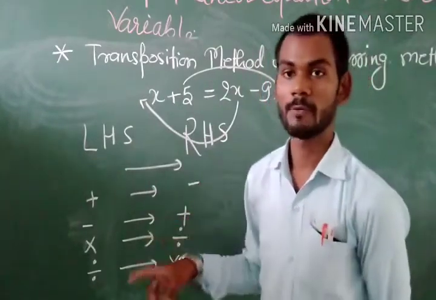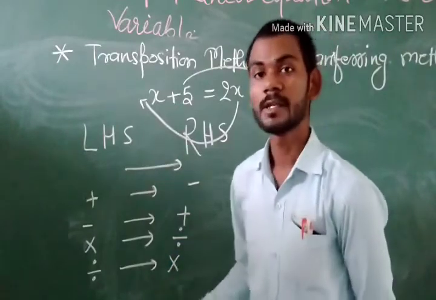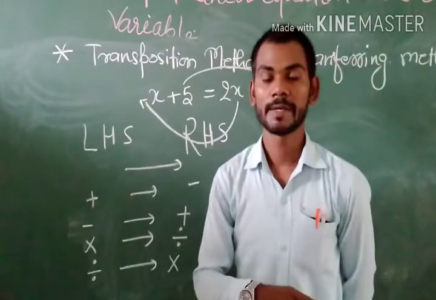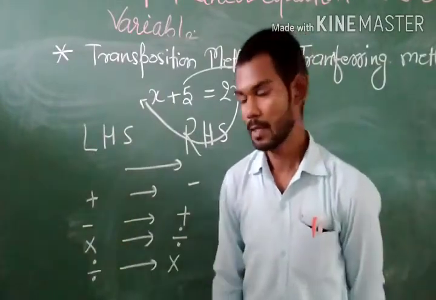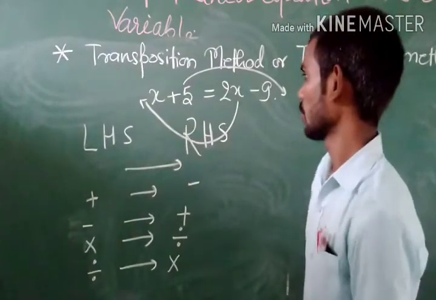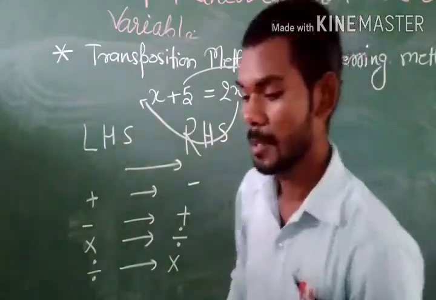In the method of transposition, these signs change when we cross from the left hand side to the right hand side and vice versa. So let us see an example in the method.